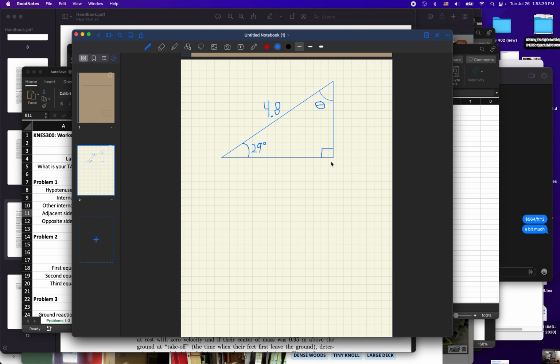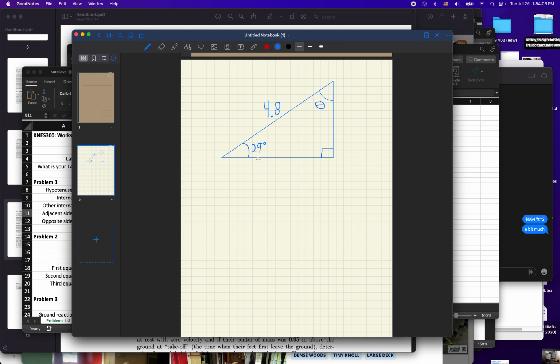Opposite of what, adjacent of what. This problem is asking for the side of the triangle opposite this 29-degree angle and the side adjacent to this 29-degree angle.